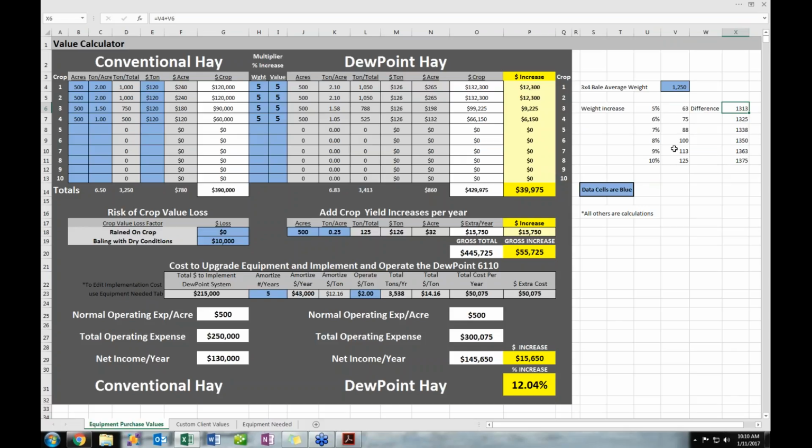I like to keep that as a handy reference so that when we're talking numbers with people, I don't have to get my calculator out and figure out how much a 10% increase on your average bale weight is. If they say it's 1,300, that's easy because we've got these numbers calculated for us. That's usually how I start the conversation with somebody.